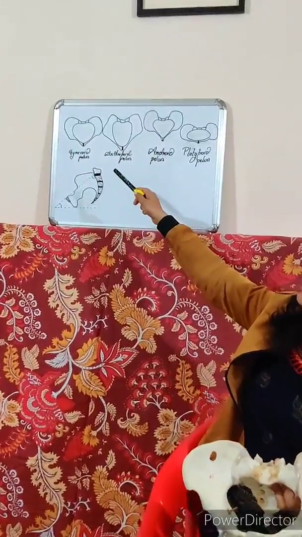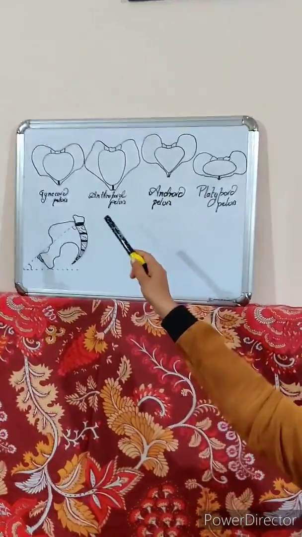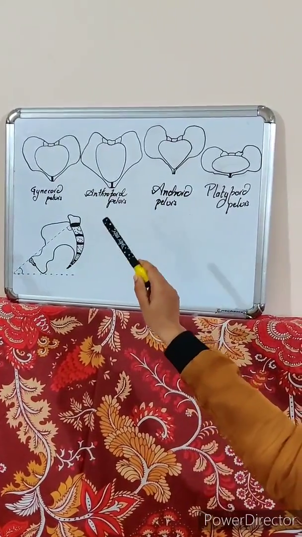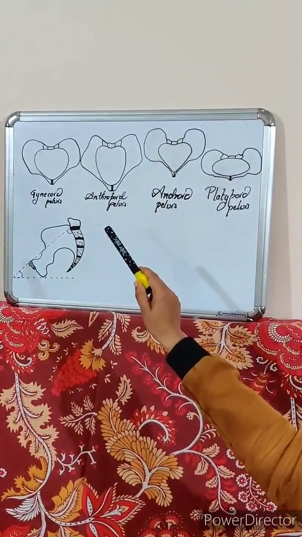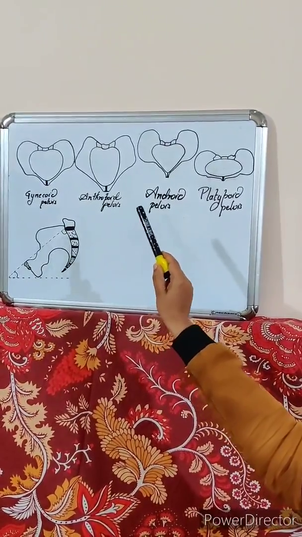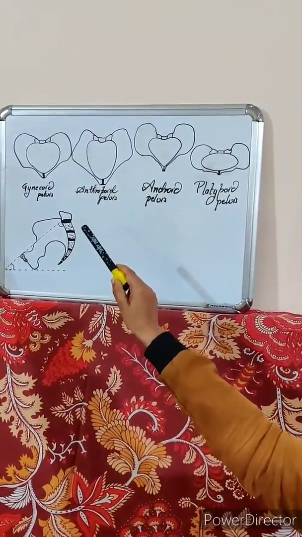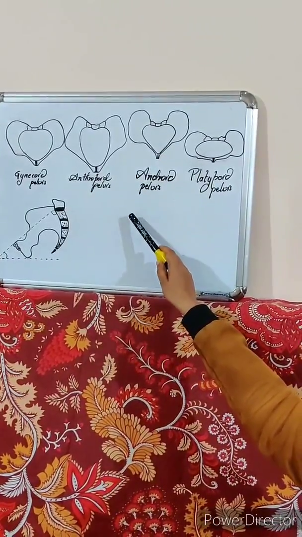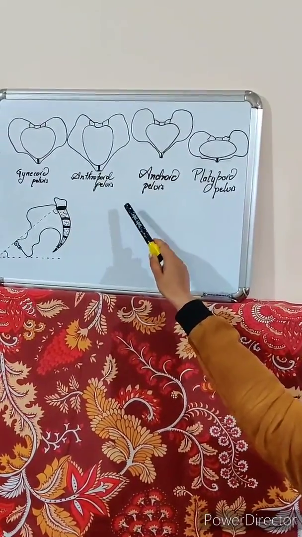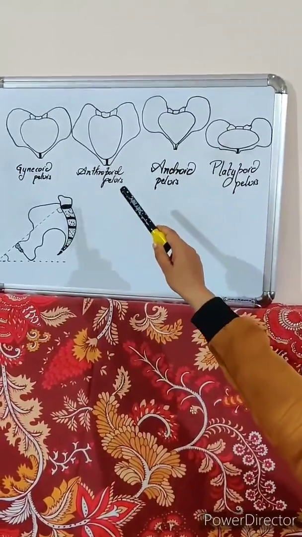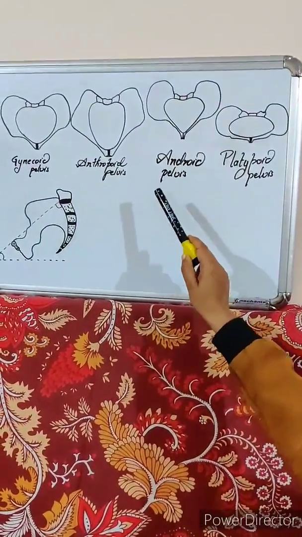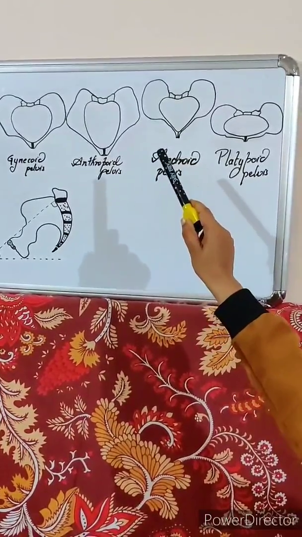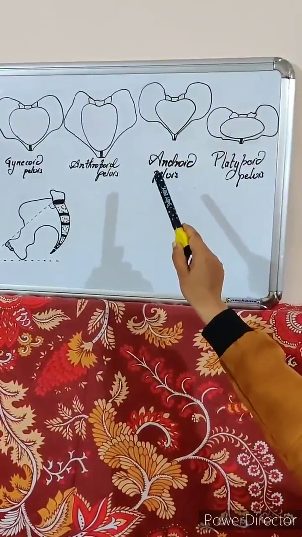First is the gynecoid pelvis, more or less round, but with a slightly larger transverse diameter than anterior posterior diameter. Then the anthropoid pelvis is anterior posteriorly oval, in which the anterior posterior diameter is much more than the transverse diameter.